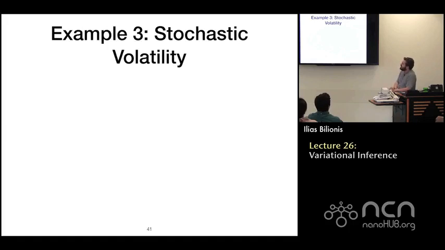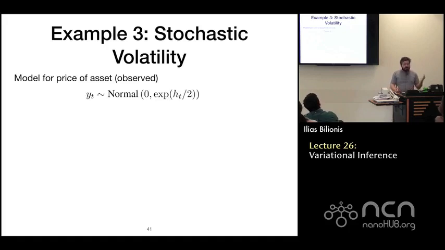Another example that I want to show you, and one of the reasons I want to show you is because some of you do model identification, and this is a classic example of model identification, even though it's actually very simple. Model identification from time series. This is an example from finance, where you have the price of an asset like a stock.